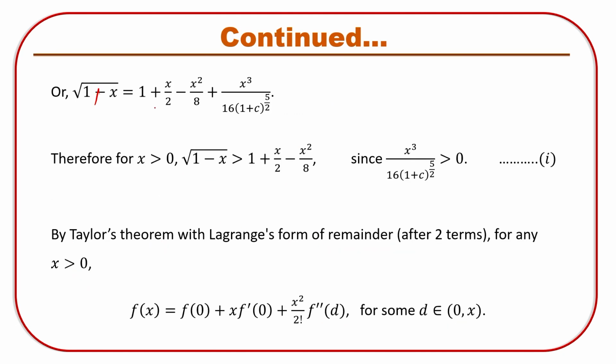So, this becomes 1 plus x by 2 minus x square by 8 plus x cube by 16 into (1 plus c) power 5 by 2, right. And therefore, for x greater than 0, the square root of 1 plus x is greater than this, where you have the third term of this equation.